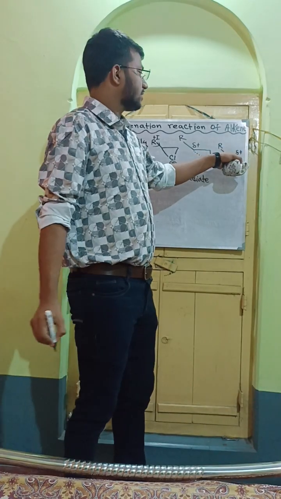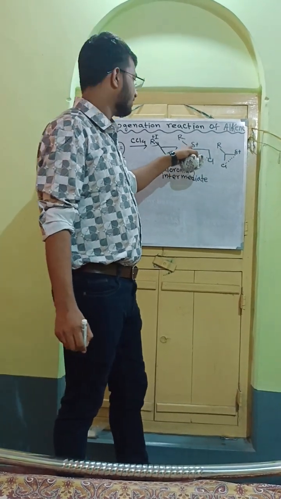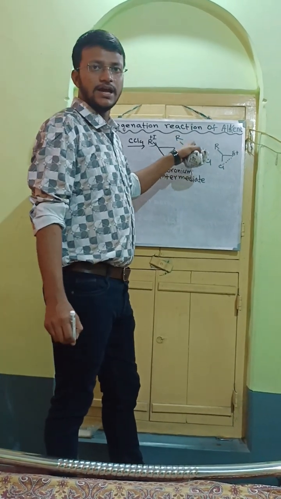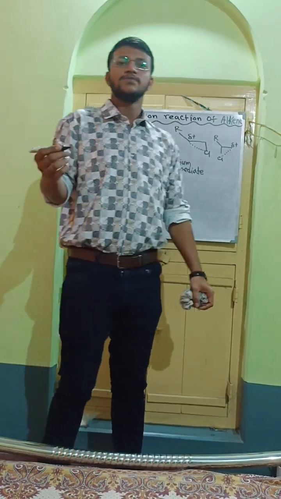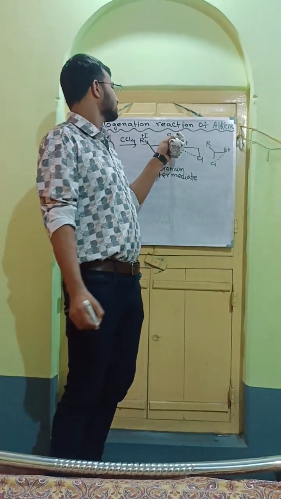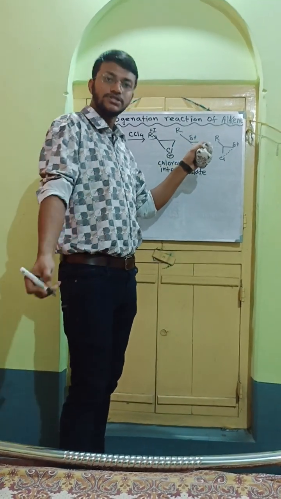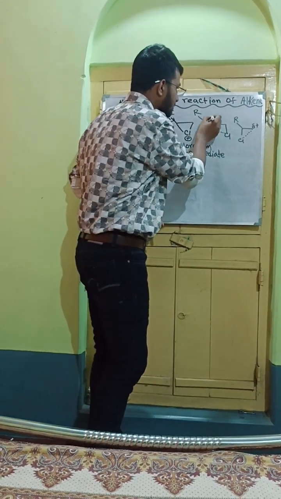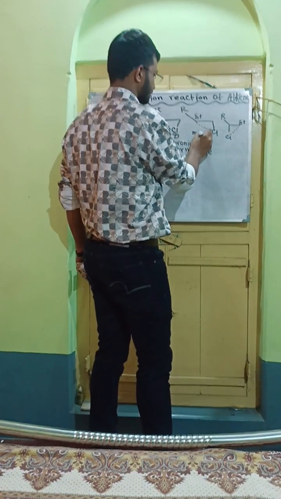As this carbon is less substituted and this carbon is more substituted, and the more substituted carbon contains more alkyl groups, and more alkyl groups means more plus I effect groups. Okay, as more plus I effect groups are attached to this carbon, the delta positive charge will be more stabilized at this carbon. Okay, this is more stable.